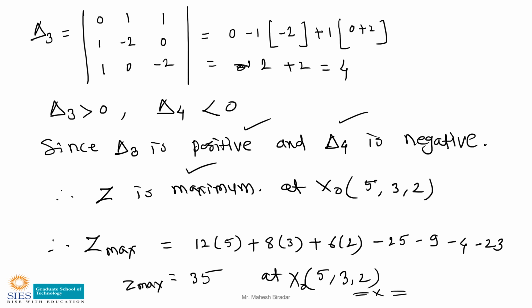Similarly, if delta 3 is negative, in place of positive, and delta 4 is negative, then z is minimum. Rest everything is same, all the procedure is same, all the steps are same. In place of z max you will get z minimum. So thank you.